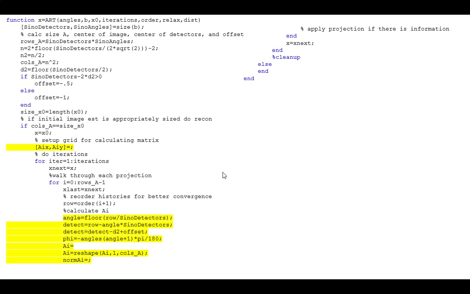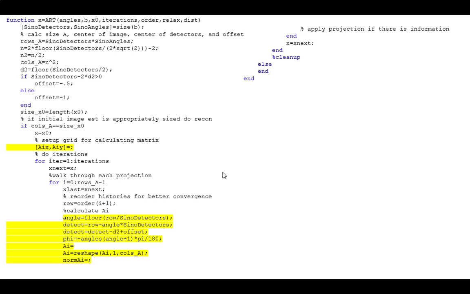So if I wanted to get back to this number, if I divide by the number of detectors, 0 divided by number of detectors is still 0. Number of detectors minus 1 divided by detectors is less than 1, and then when you do floor, it rounds to 0. So everything in here goes to 0.